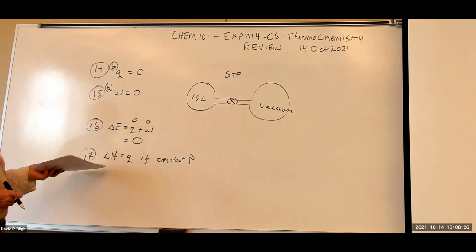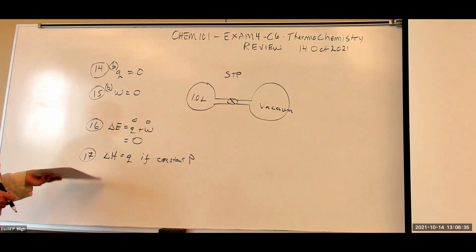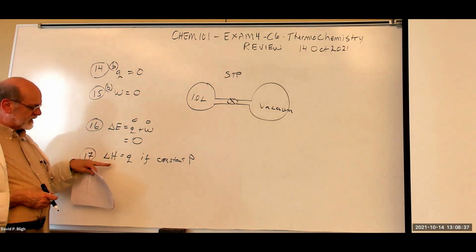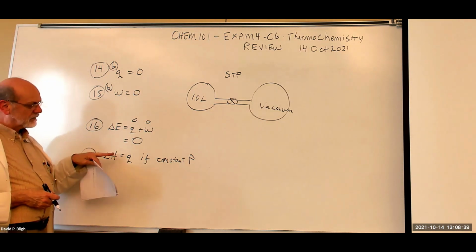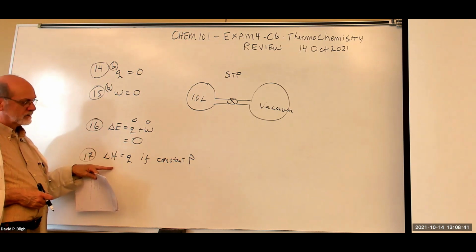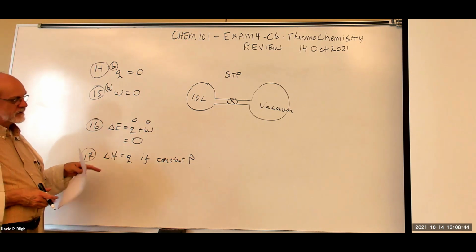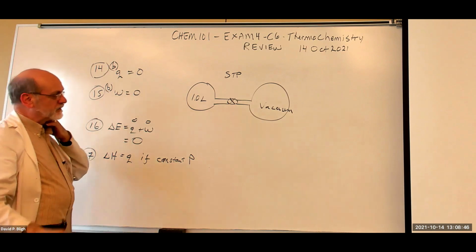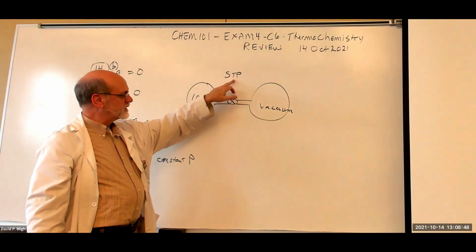Now that one might take a little thinking for a second. My initial impulse is to say that that's also zero. Delta H is zero in this case, simply because the pressure is constant, the temperature is constant.